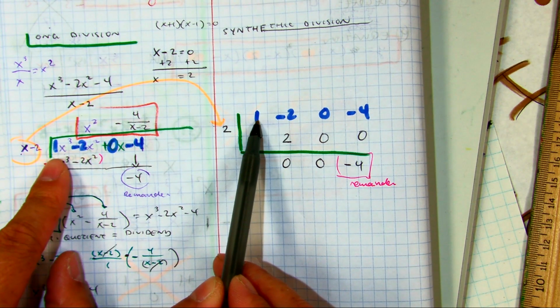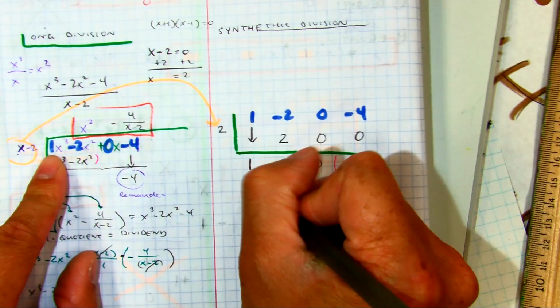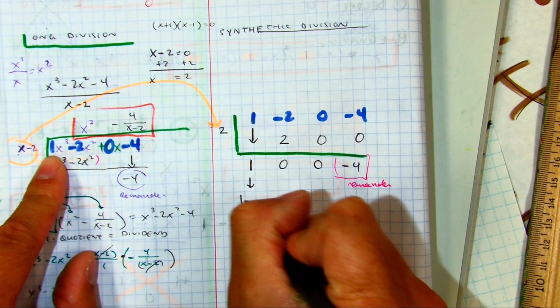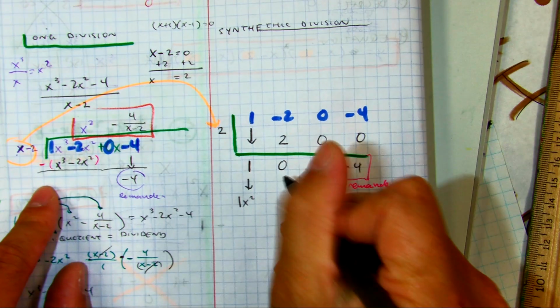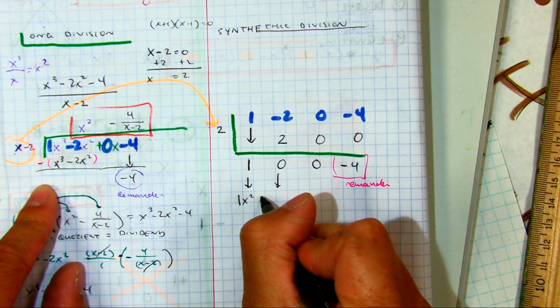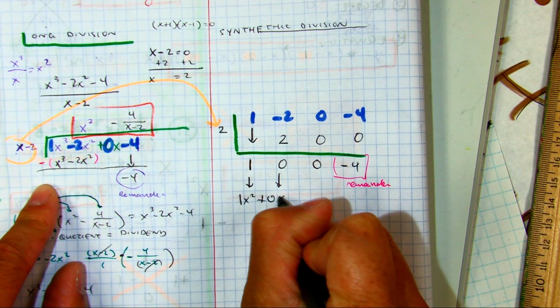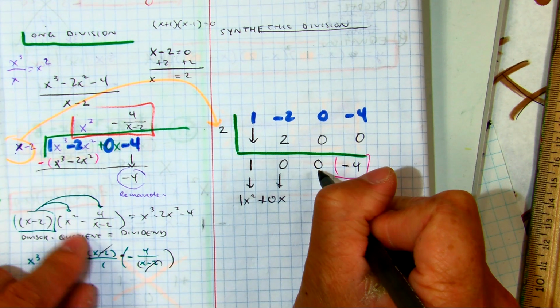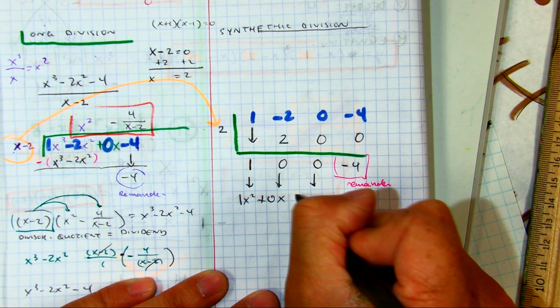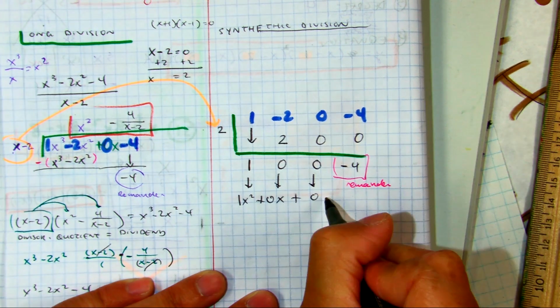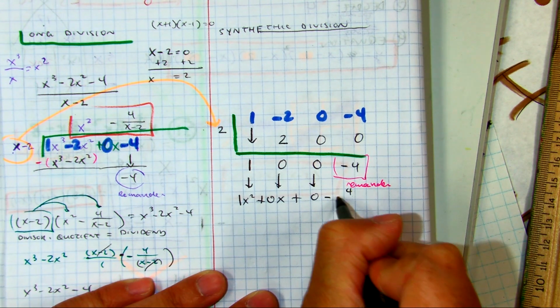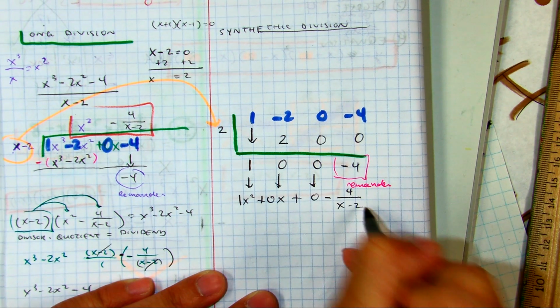So instead of being 1x cubed, this is going to be what? 1x squared. What do you think this one's going to be? Girls, focus. This one? And this is your minus 4 over x minus 2.